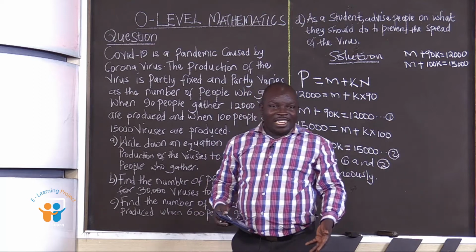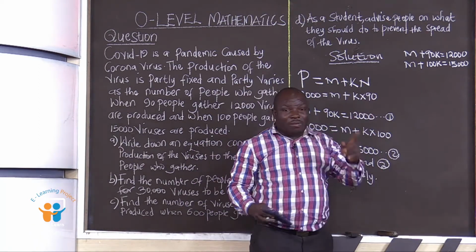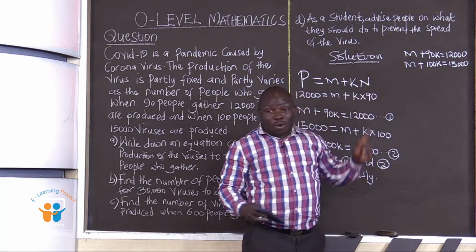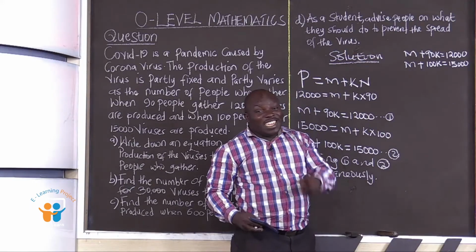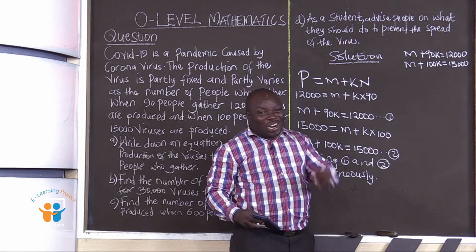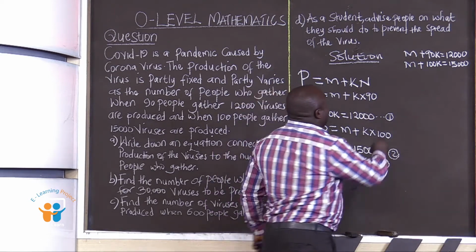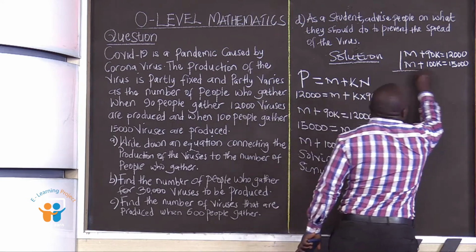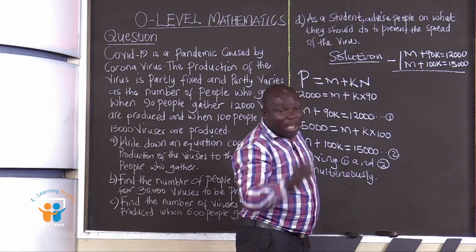Yes, Sebunya. Sebunya has said, since they all have the same signs, positive and positive, and they have the same coefficients, let's try to subtract them. Clap for Sebunya. Sebunya is a very good student. Very cooperative. He doesn't doze. Let's subtract these two equations and we see whether m can disappear.